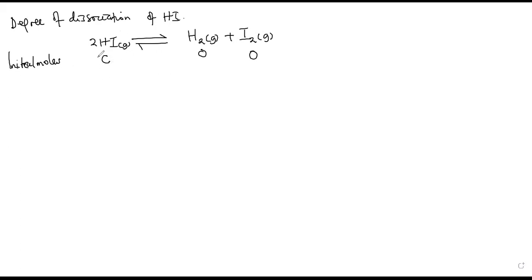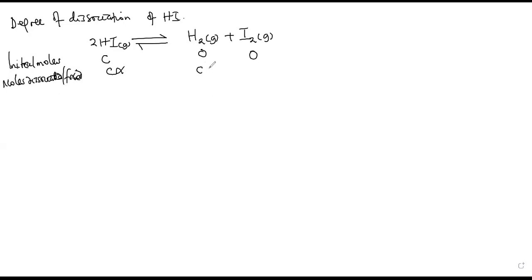So the reactant we have this. Then from here, we can get the moles dissociated or formed. Since we are looking at dissociation, we bring in the degree of dissociation, so it is C alpha.